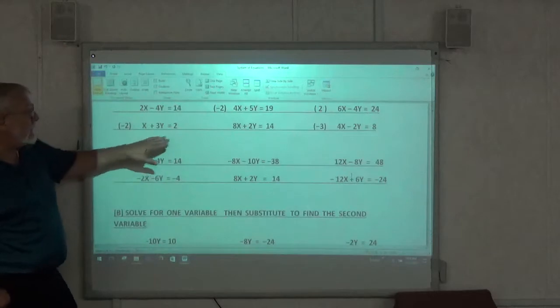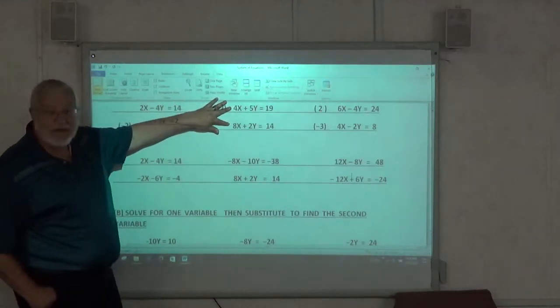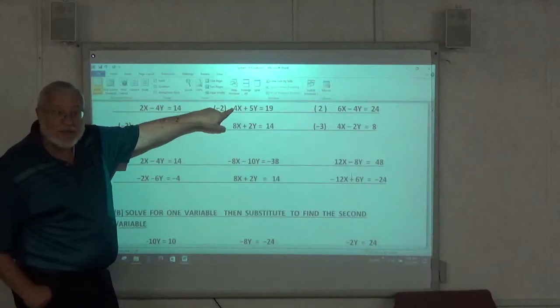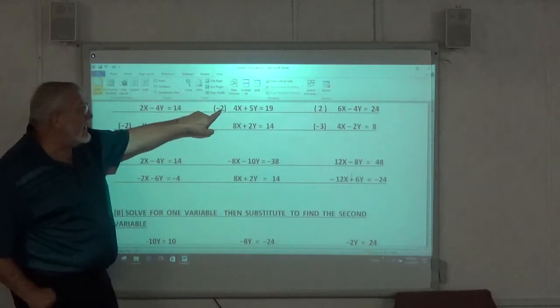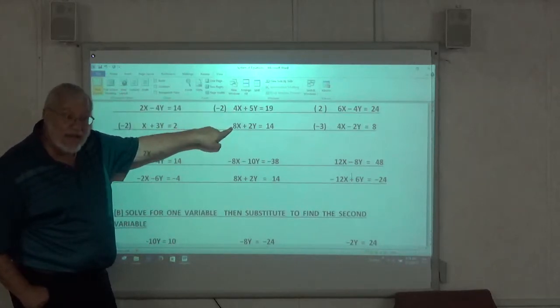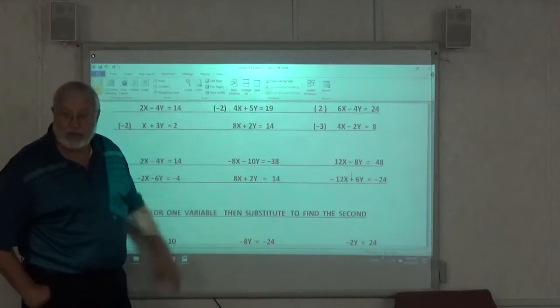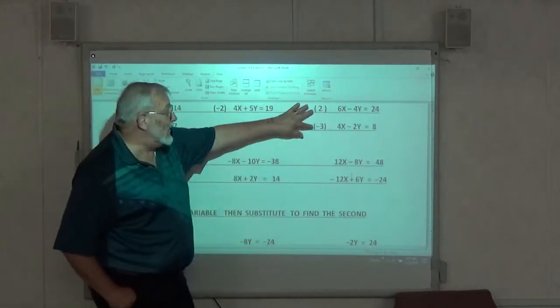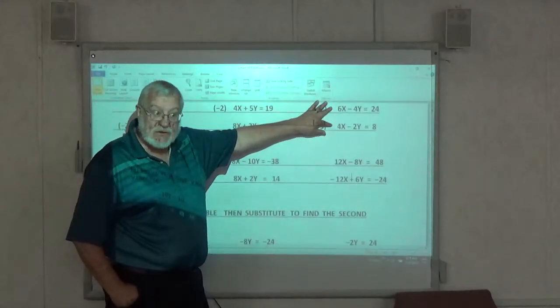Okay? Now, over here I see the same thing, except that I see this one as 4. If I multiply it by negative 2, I'll have negative 8. Negative 8 plus 8 is again 0, and therefore I'll have y equals some value, and I can solve for y. Okay? But this is the one that happens most often.